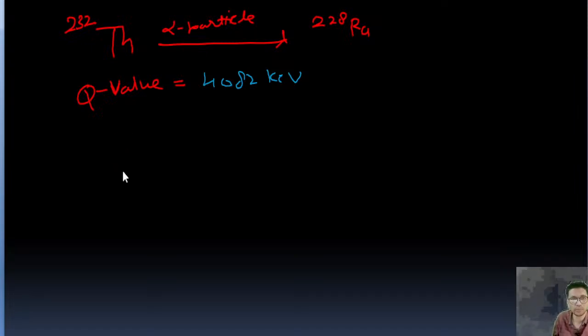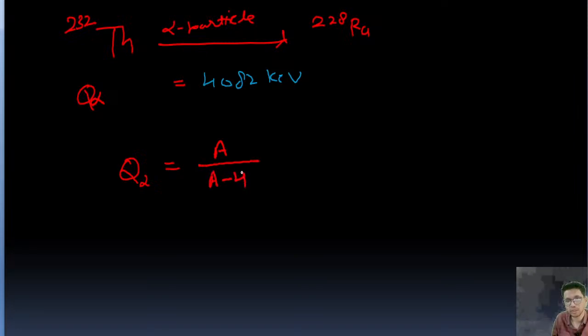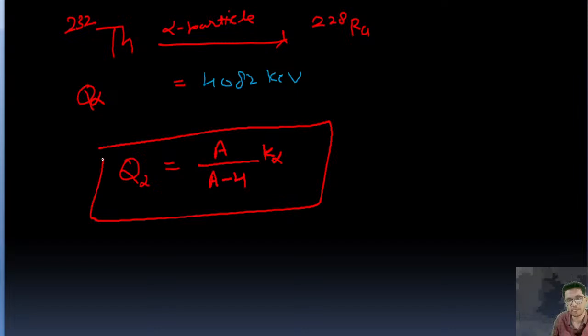The formula is Q alpha, the Q value, equal to A upon A minus 4 times K alpha. You need to note it down. For any reaction, the Q value is equal to A upon A minus 4 K alpha, where K alpha is the kinetic energy.